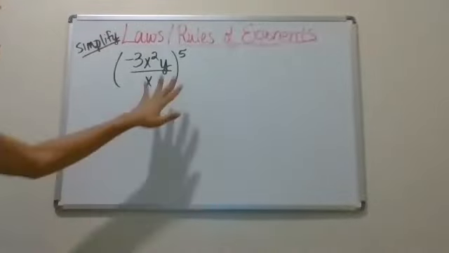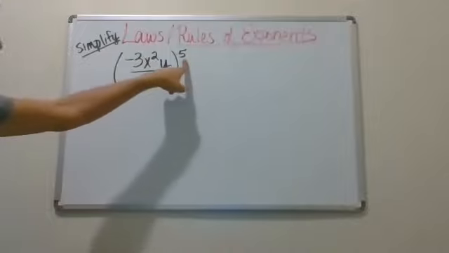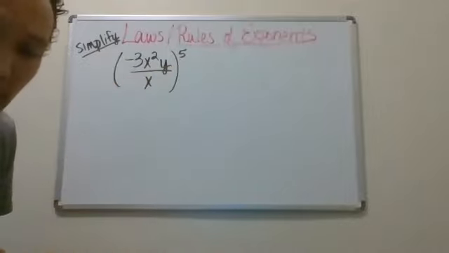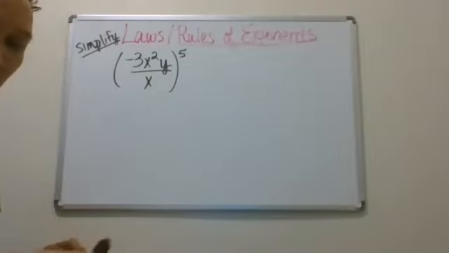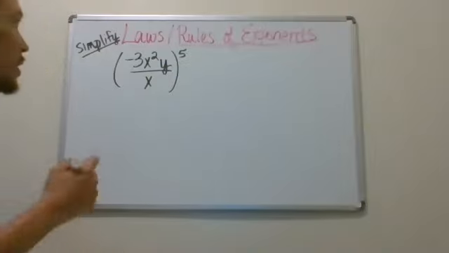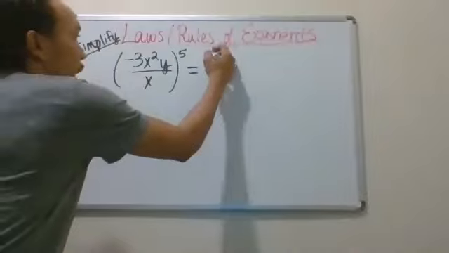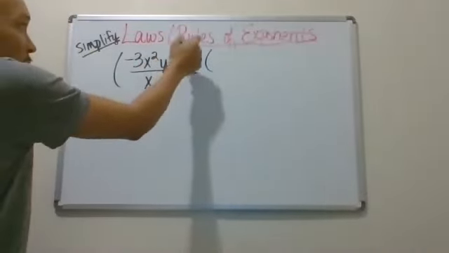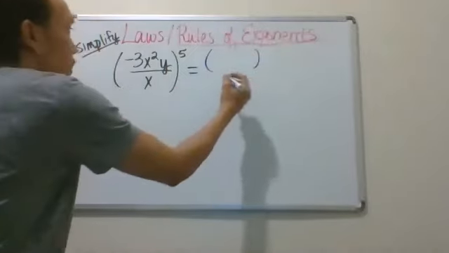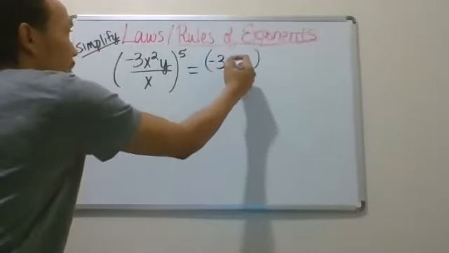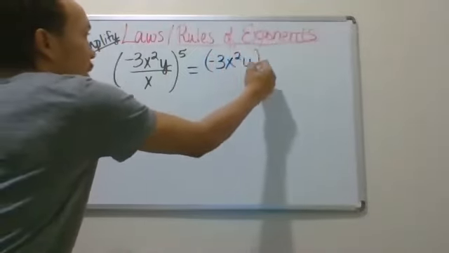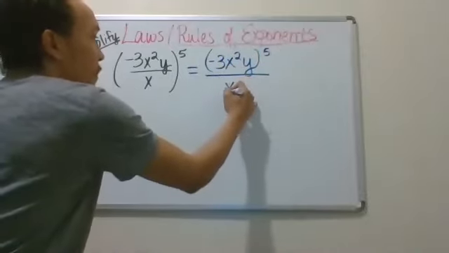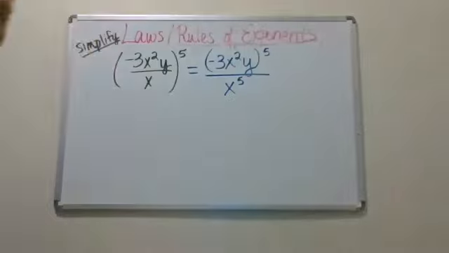So the first thing I will utilize to get rid of this 5 on the outside in the parentheses is the power of a quotient law. So this is going to be equal to, since all of this is raised to the 5th power, I'm going to include parentheses around this: negative 3 x squared y raised to the 5th, all being divided by x to the 5th.